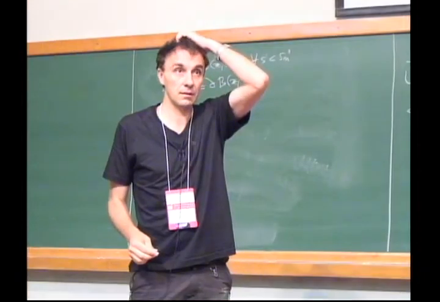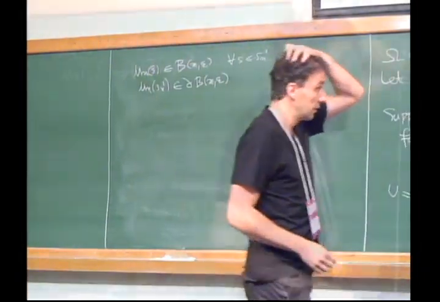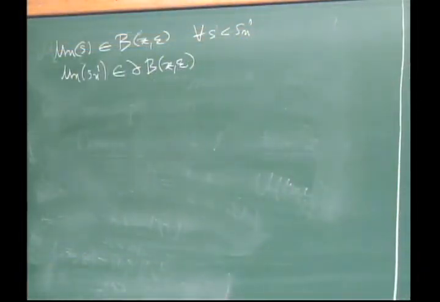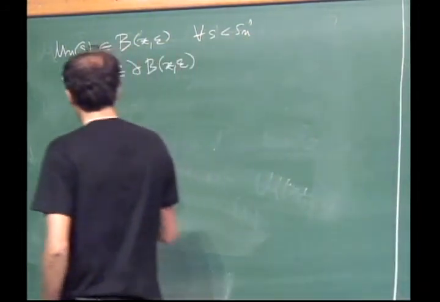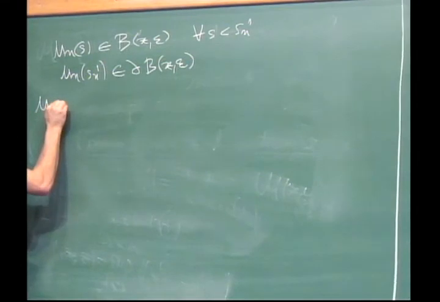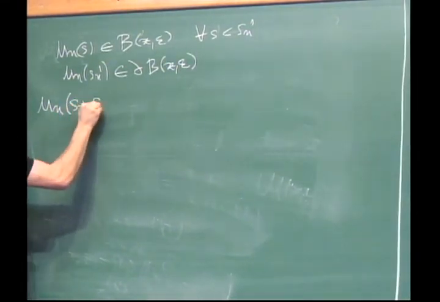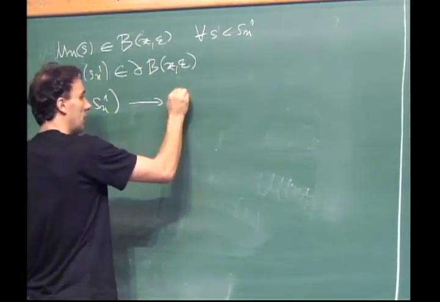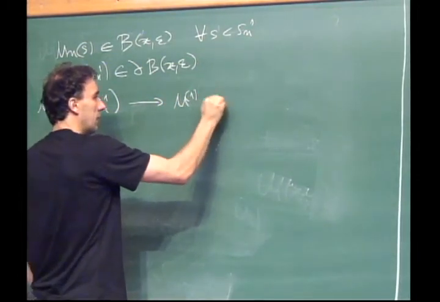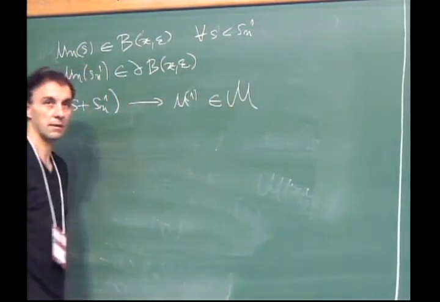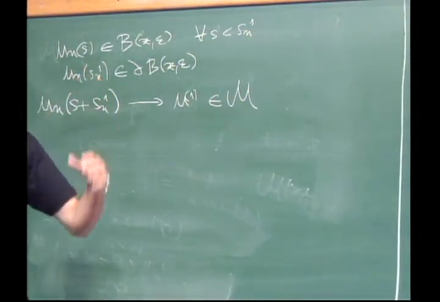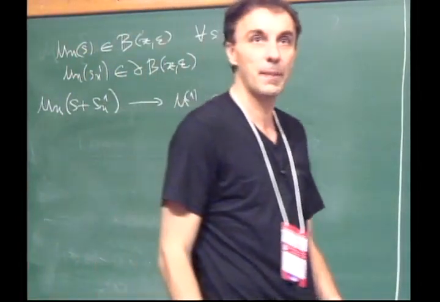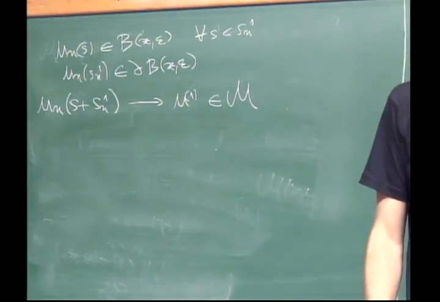And then just take as a sequence in M this one, UN(S plus Sn1), and this converges to something which I called U1 in this whole space of solutions by Gromov compactness, right?